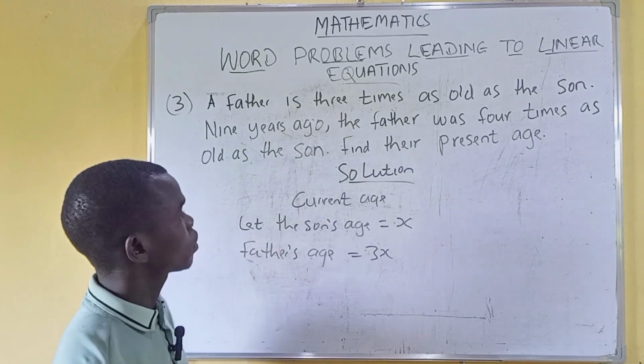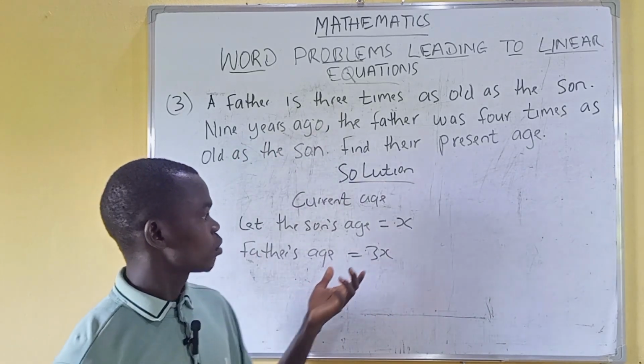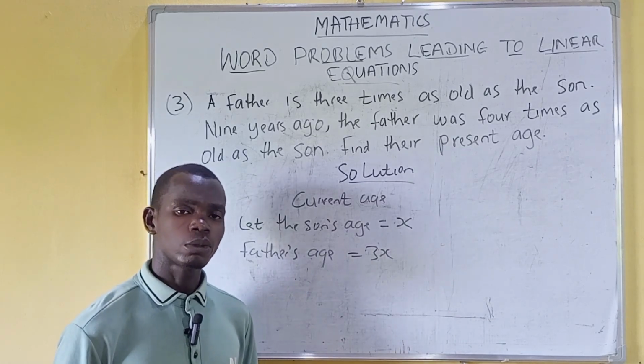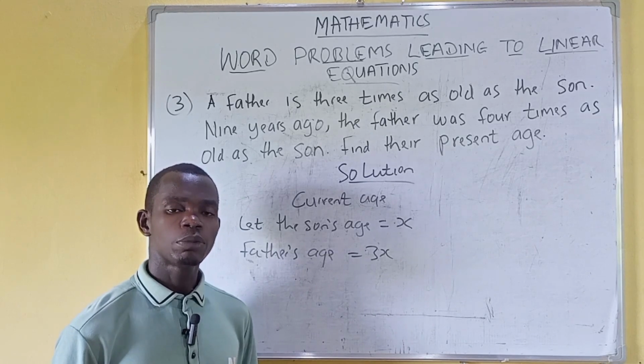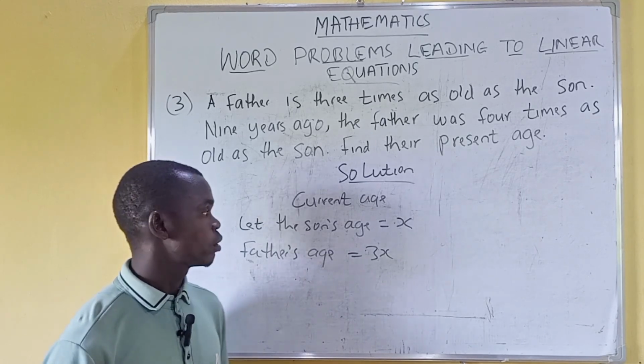And if you look at the question, say 9 years ago. So, for example, if you are 10 years old, 9 years ago, what will be your age? It will be 10 minus 9, which will be 1 year.